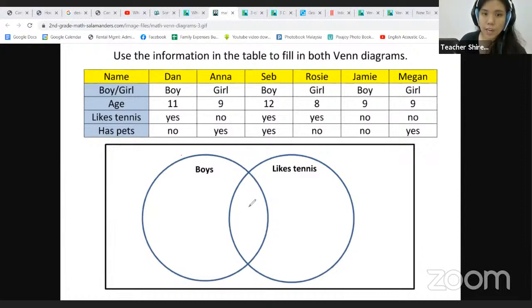Boy and likes tennis, so it's in the middle. So this is the part that is boy and tennis. So this is Dan. Anna is a girl, so it's over here. Does she like tennis? No, so it's not even here, so it's going outside. So here's Anna.